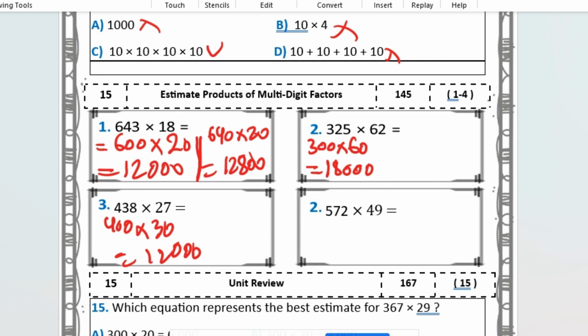This is of course by the compatible number, and here I'm just going to use the rounding method, so it will be 570 times 50, which is equal to 28,500. If you use compatible numbers, it will become 600 times 50, which will be 30,000. So both answers are acceptable.